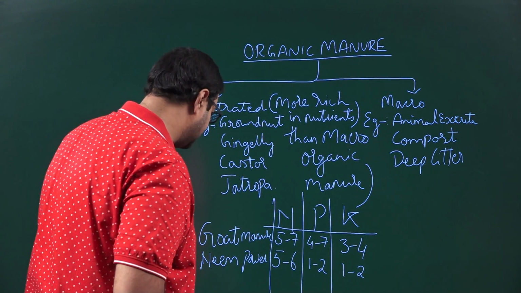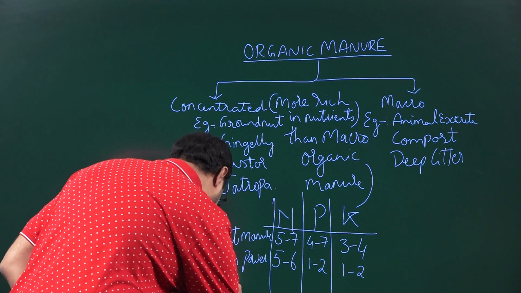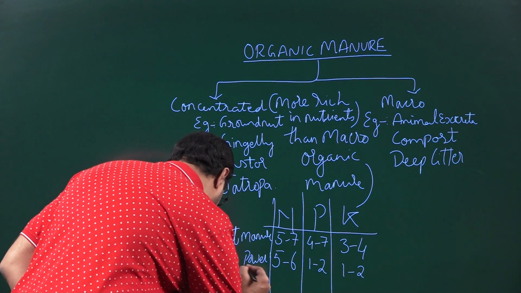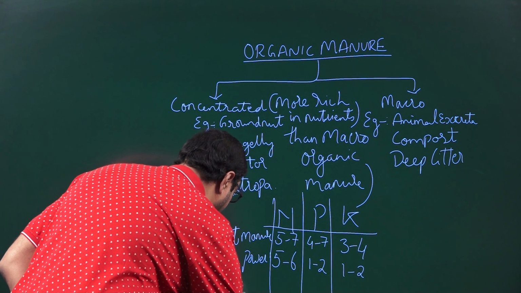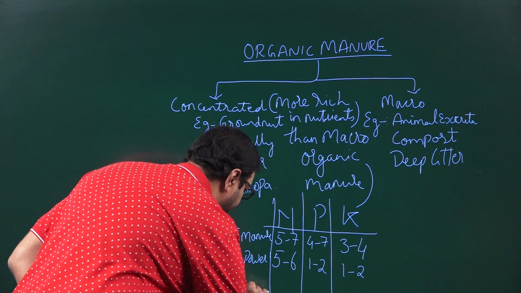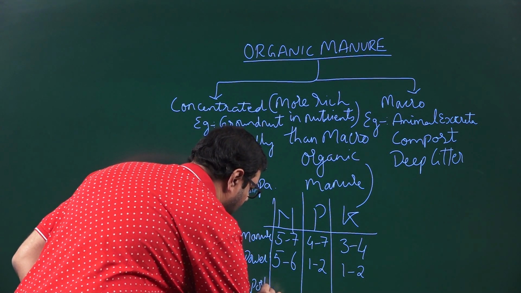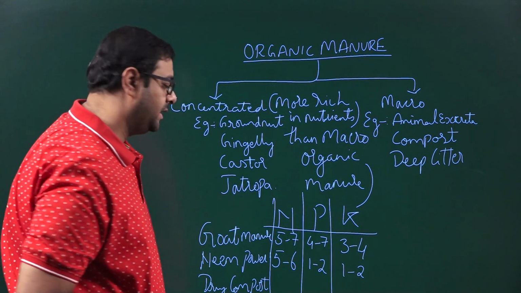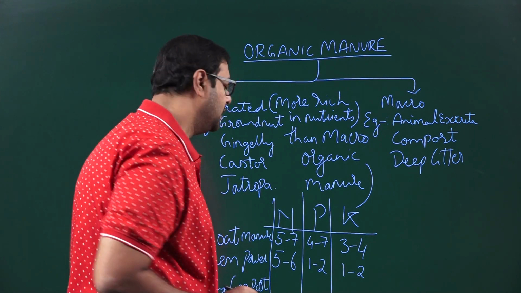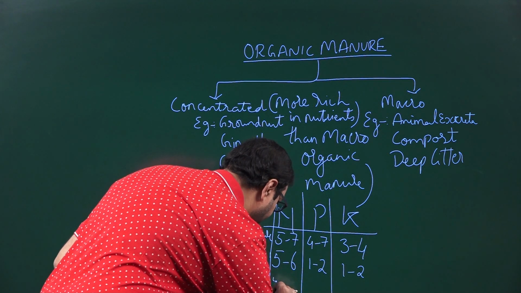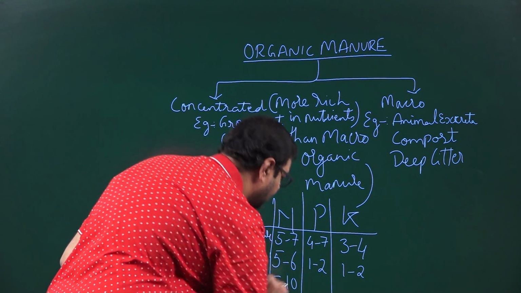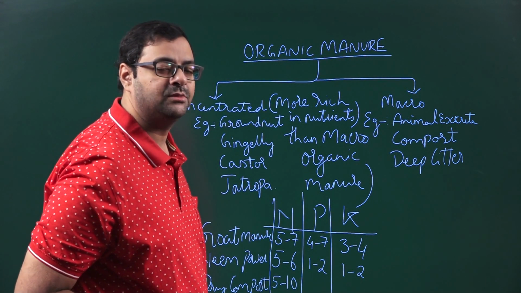One more example we'll take is not vermicompost, but dry compost. In dry compost, the amount of nitrogen present is 5 to 10 kilograms per ton.